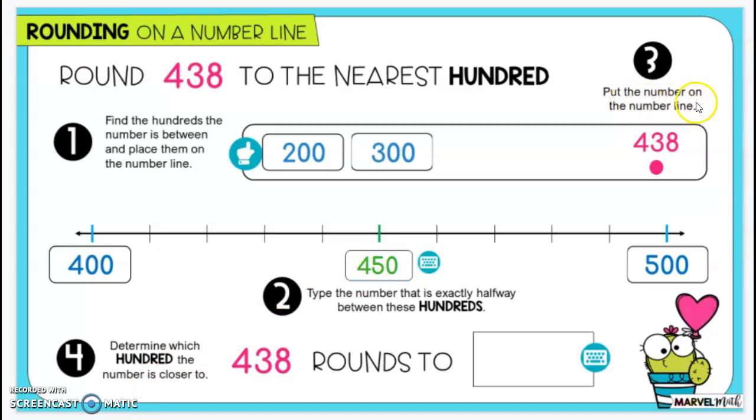Third, we're going to put the number on the number line. So we're going to place 438 on the number line where it's supposed to go. If you look at each dash on the number line, it is counting by tens. So, 400, 410, 420, 430, 440, and 450. So if we go back to 430, this is 410, 420, 430.